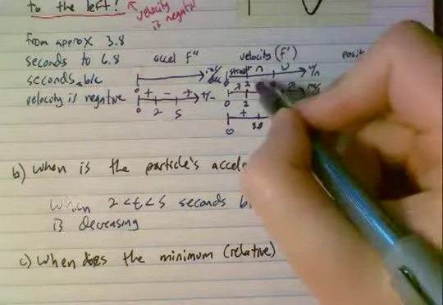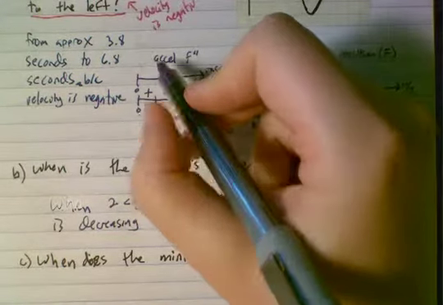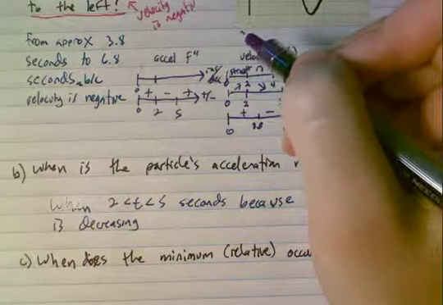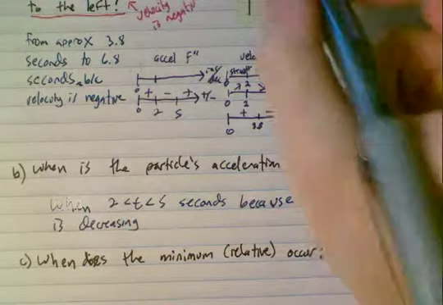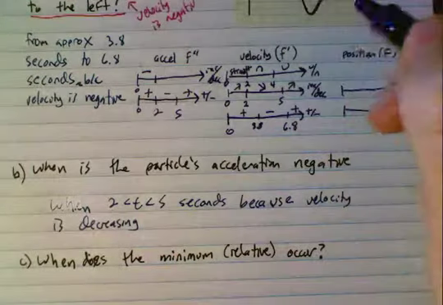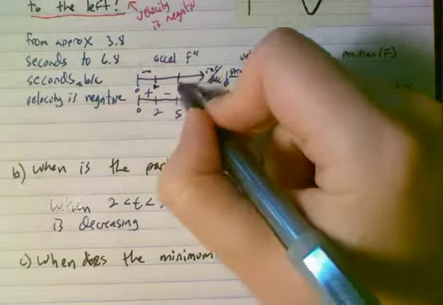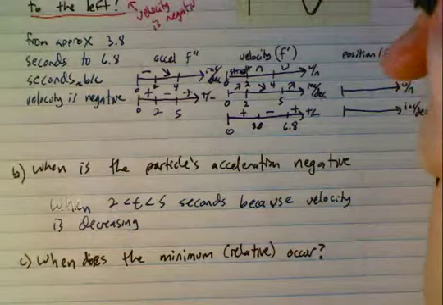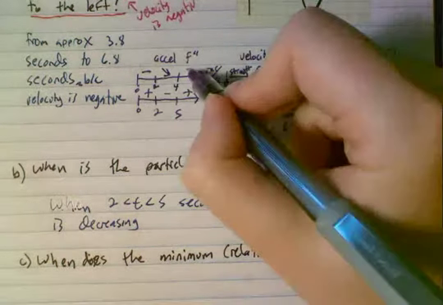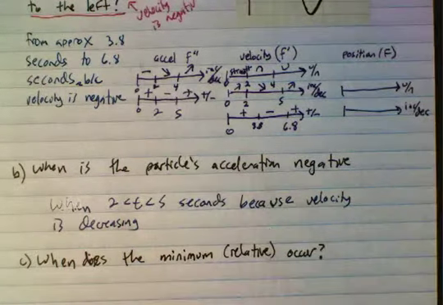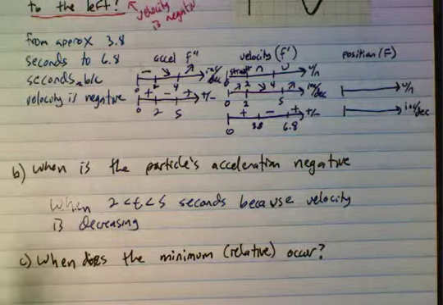So straight line means acceleration is 0. Acceleration is a constant. In this case, the slope of the line is a constant positive, so it's flat. Then concave down, it's decreasing. Concave up is increasing. So when does a relative minimum occur? When we have this switch from decreasing to increasing at t equals 4.